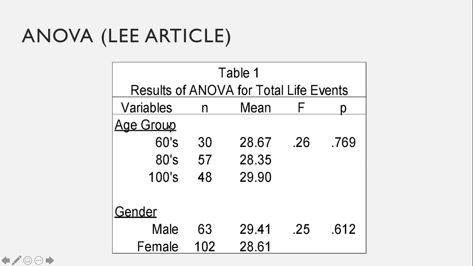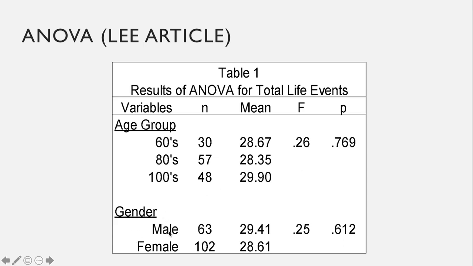So we have 3 groups here, and here are the means of the 3 groups. But we have to look at the p-value to figure out if these means are significantly different from each other. So let's look. It is 0.769. So that is above 0.05, which means that there is no difference between these groups. Notice the F statistic is very small.